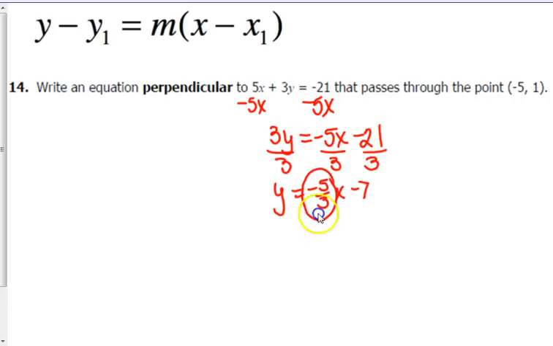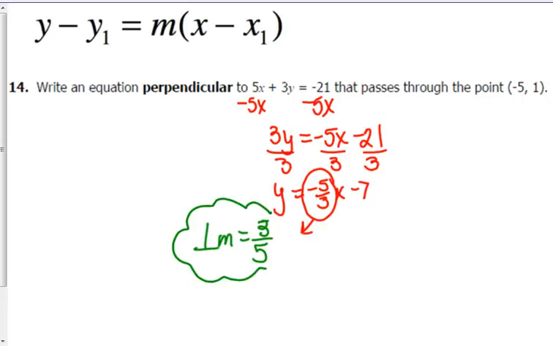But what do I have to do to the slope? And make it opposite sign so it'll actually be positive 3 over 5. Did someone else get that? So we put this x and this y in. Colton, can you tell me what we get?